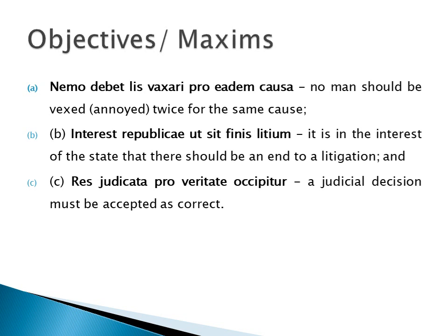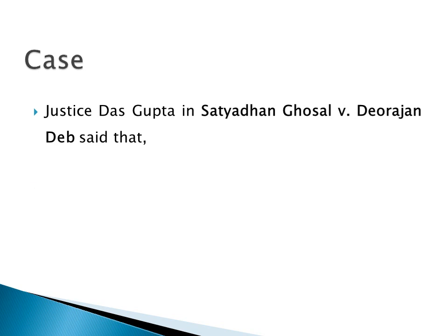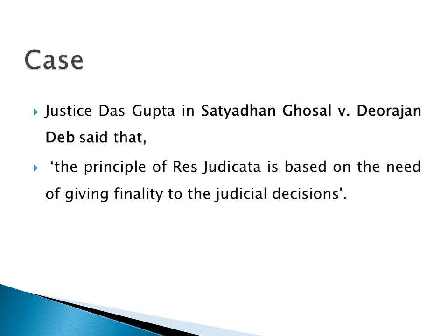Thus, the doctrine of res judicata is a fundamental concept based on public policy and the private interest. Justice Das Gupta in Satyadhan Ghosal versus Deorajin Debi said that the principle of res judicata is based on the need of giving finality to the judicial decisions.